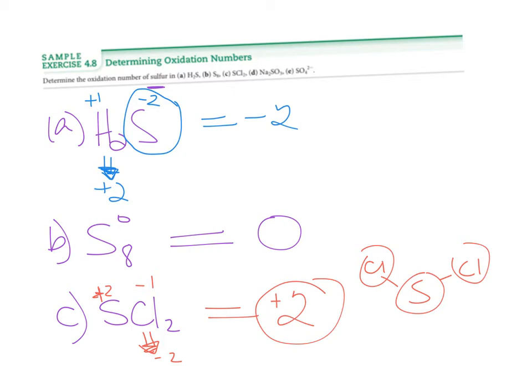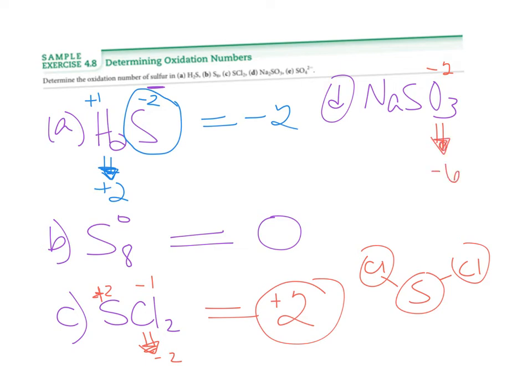Next one, we have D, sodium sulfate. Actually, that's sodium sulfite, SO3. Sodium sulfite. So in this case, oxygen is going to be -2 because it usually is. This is not a peroxide. So if the charge on each oxygen is -2 and we have 3 oxygens, then the total charge on all 3 oxygens taken together will be -6.